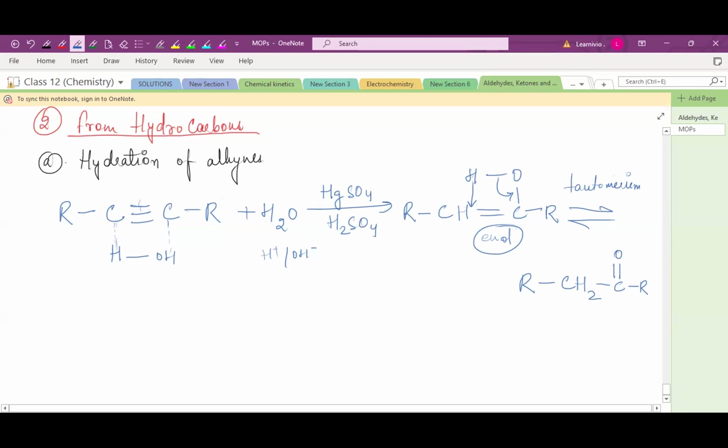Keto groups can also convert into an enol group. So this process is known as keto-enol tautomerism. Both are interconvertible with each other. Clear?